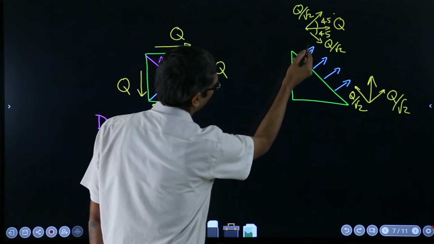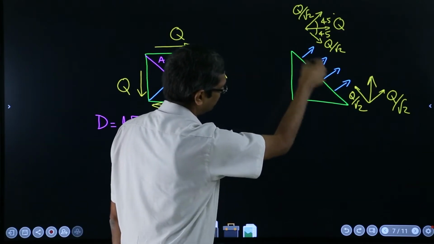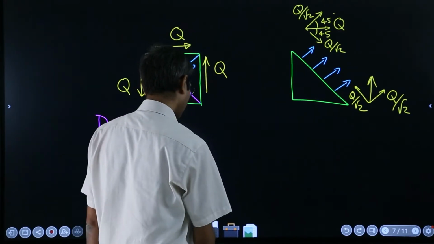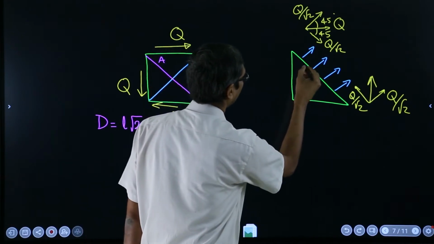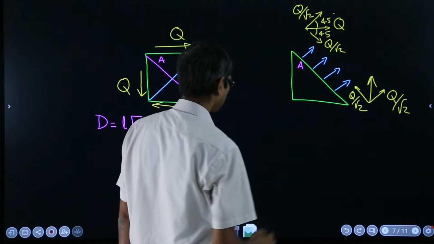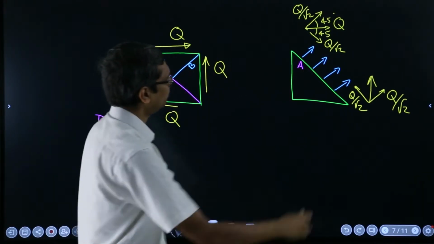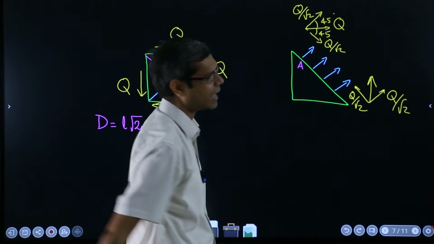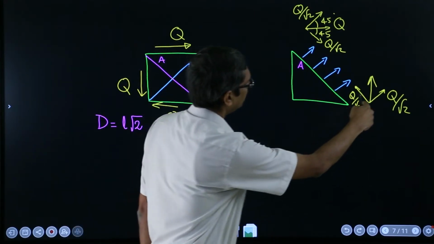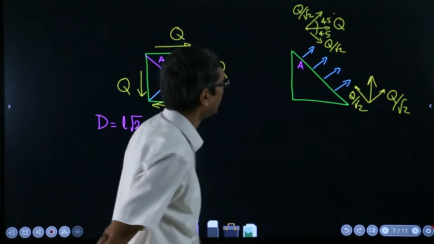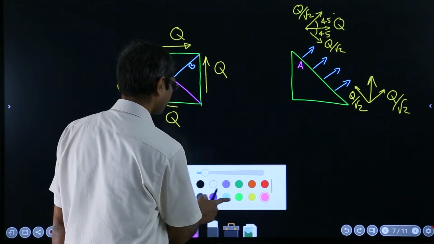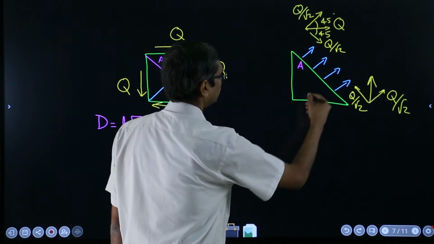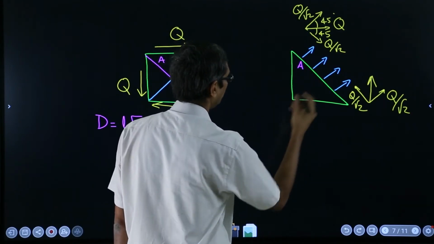Now, these forces parallel to the surface, if I consider the diagonal A, so I am concerned with the diagonal A. The forces which are parallel to it cancel each other, but the forces which are normal to that add up to give me a total force.